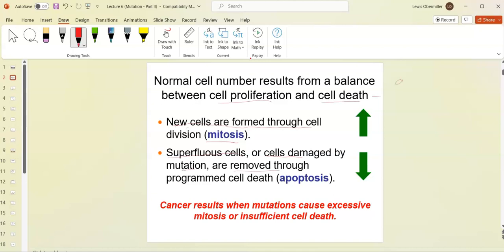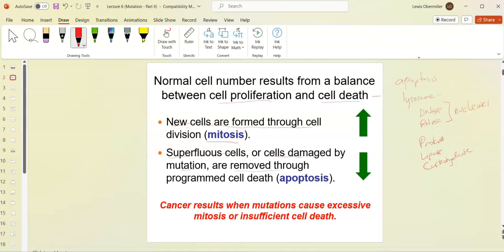So just a reminder, apoptosis usually involves a lysosome, and in the lysosome we have all these destructive enzymes called DNases and RNases. Collectively, these are called nucleases. And then we have proteases and lipases and carbohydrases.